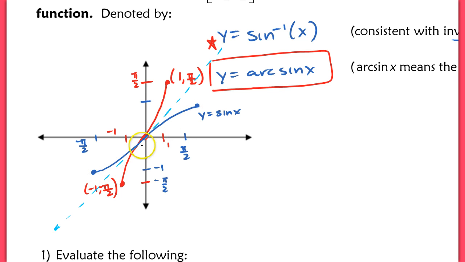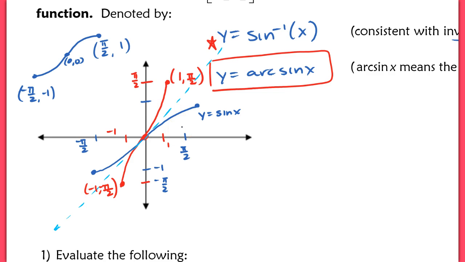This is slightly curved right there. I'm just trying to show that sine curve from the value of negative pi over 2 to pi over 2. So we're at negative pi over 2, negative 1, and pi over 2, 1, and then that coordinate right here in the middle at 0, 0. It's not that great, but you get the point hopefully. So you see that it's actually a mirror reflection right over the line y equals x.